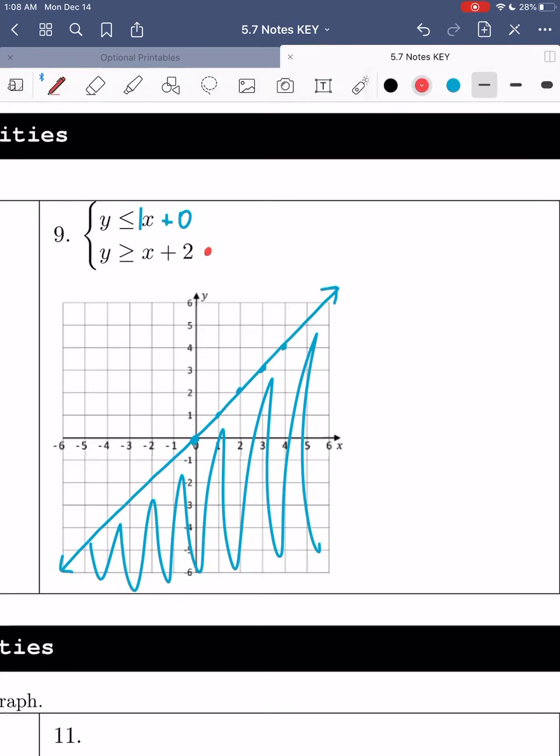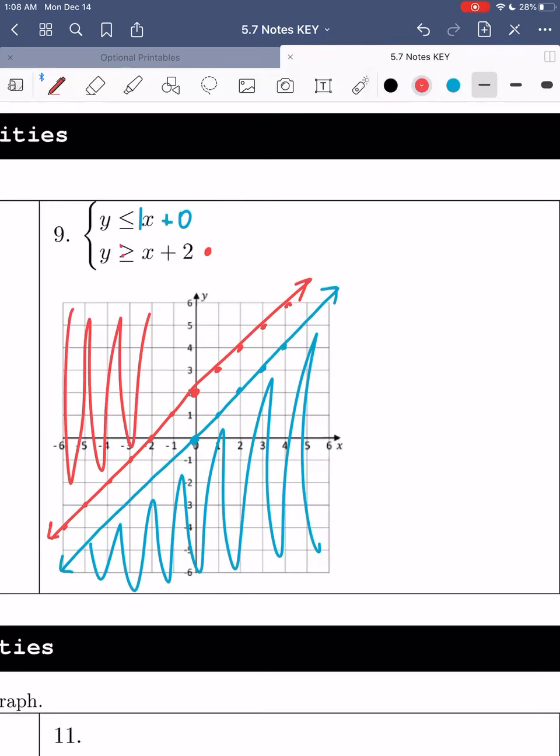This one is y is greater than or equal to x plus 2. So here's the plus 2. So these are parallel. And this is greater than or equal to also, oops, not that one. Keep going. There we go. Greater than or equal to means shade above.